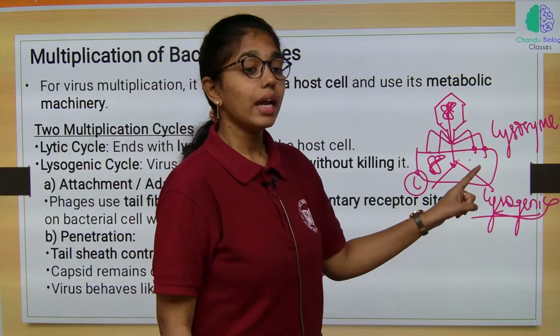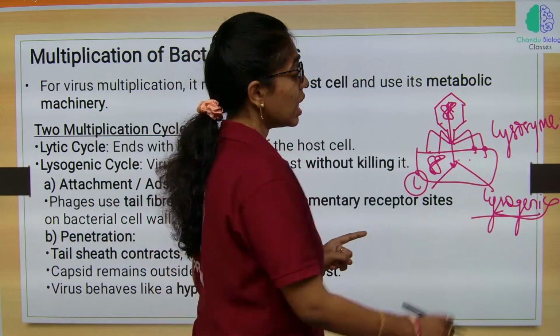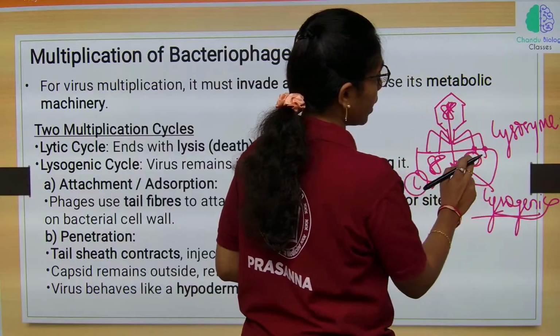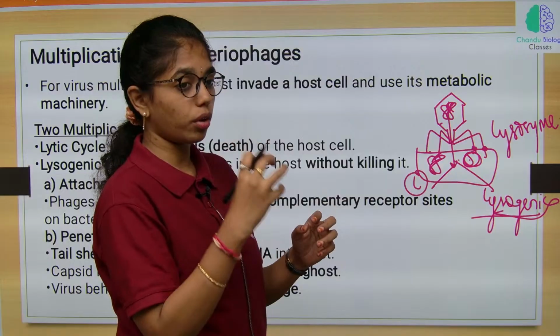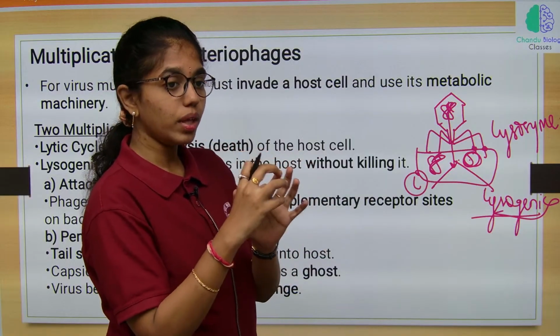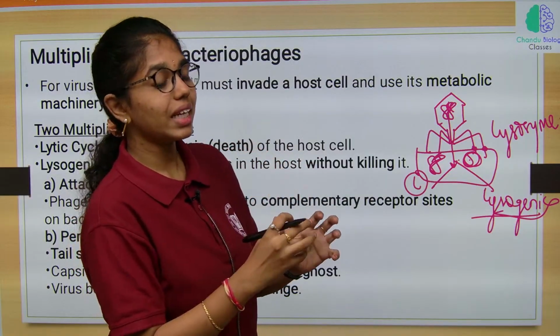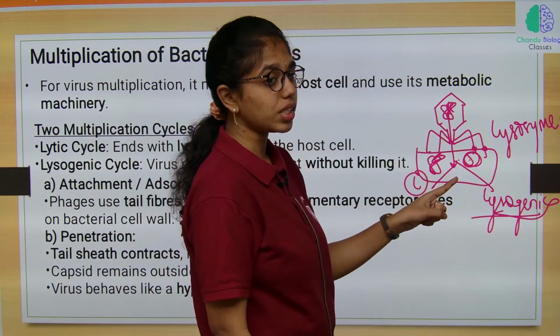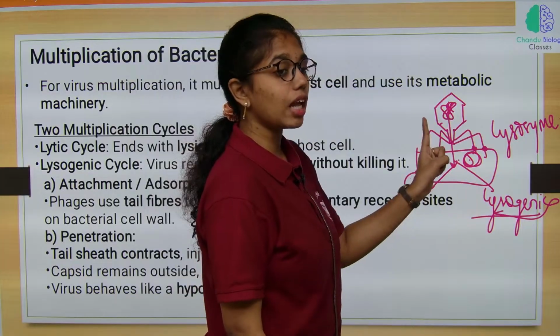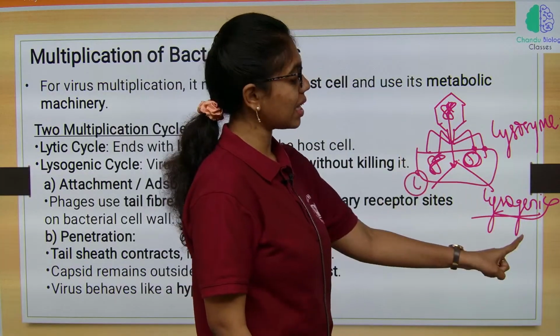But in the lysogenic cycle, the genetic material of the virus will be integrated with the bacterial genome. This integrated viral genome is called a prophage, and it will replicate along with the bacterial genome. That is the lysogenic cycle.